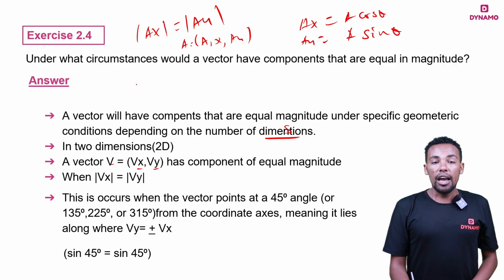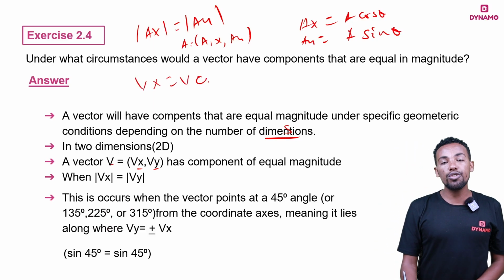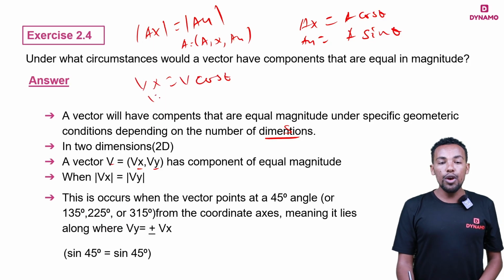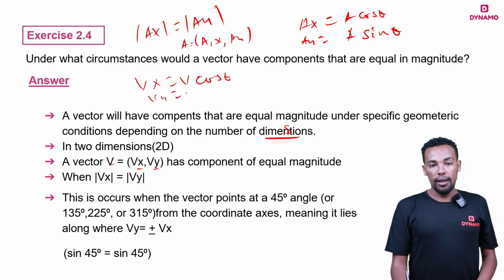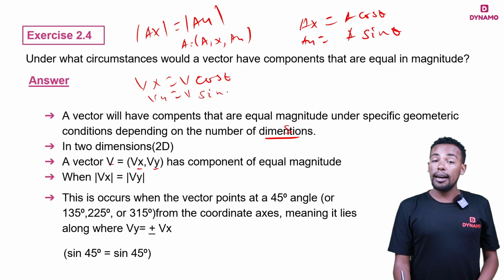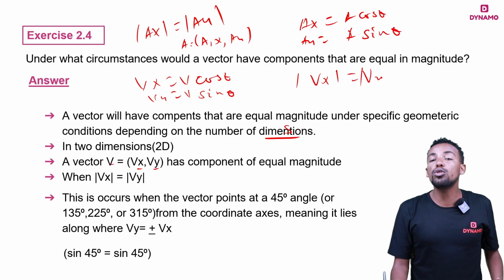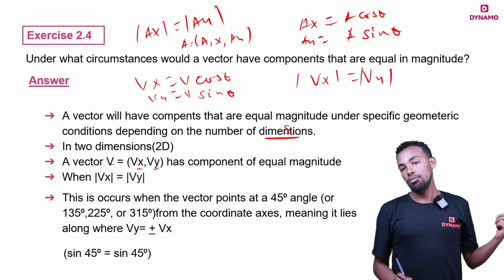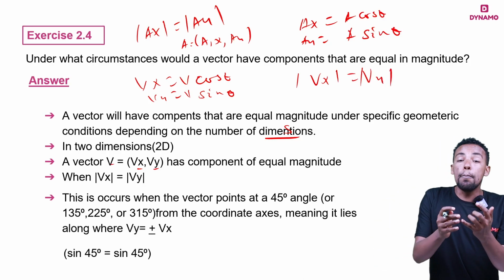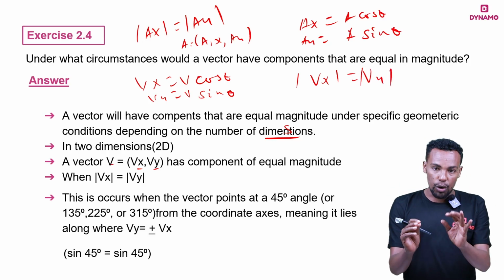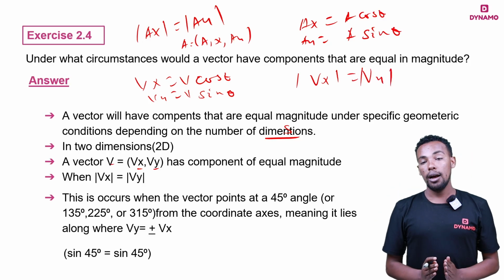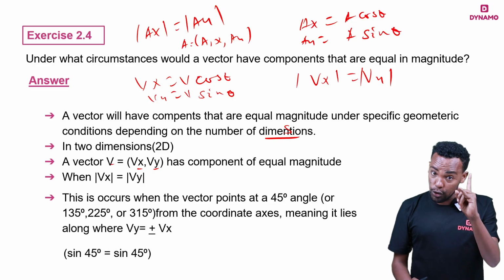We know that Vx means V times cos theta, and Vy is equal to V times sin theta. But here, the magnitude of Vx is equal to the magnitude of Vy. In what condition? Condition kam keessatti magnitude in Vx fi magnitude in Vy wal qixa ta'aadha.